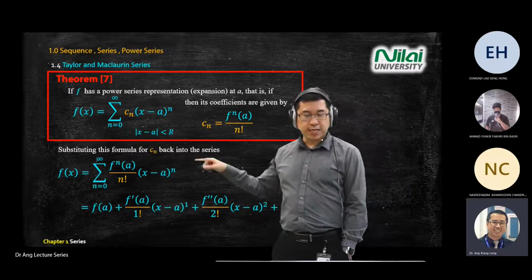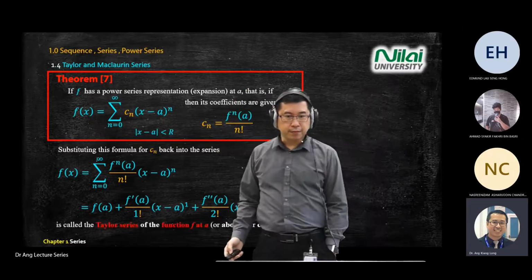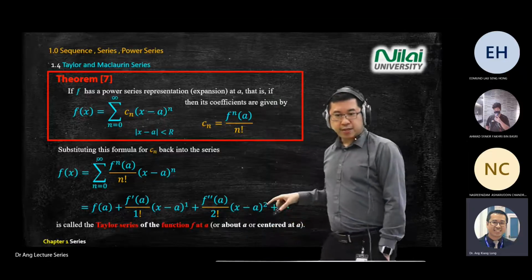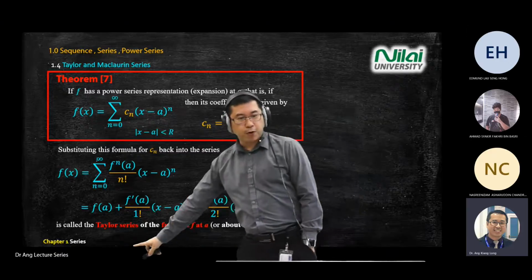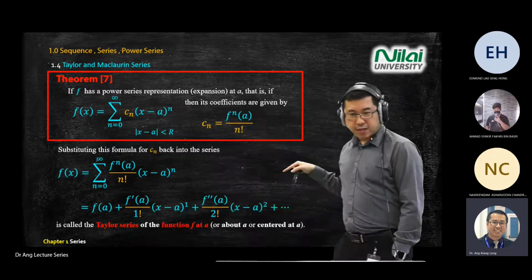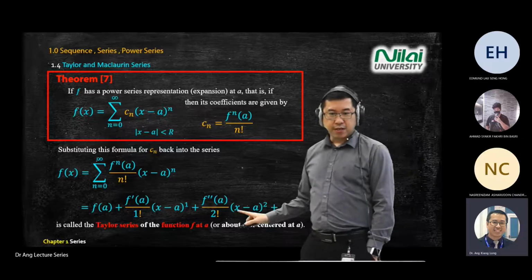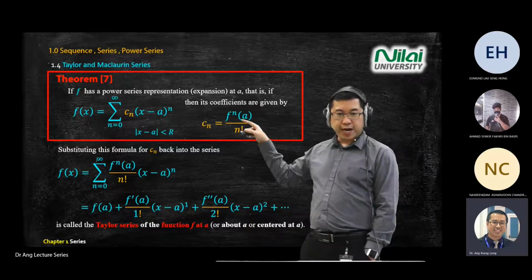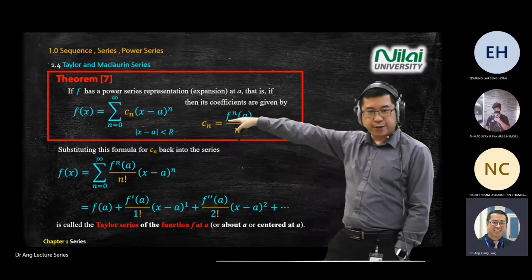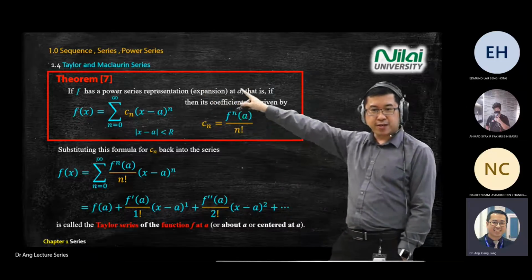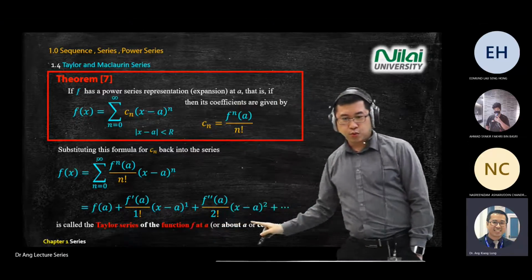Okay, so this is how you apply this red box here. And just to introduce you, if you haven't heard of Taylor series before, this one is called the Taylor series. When you expand this red box, this Theorem 7, you expand it into this one.